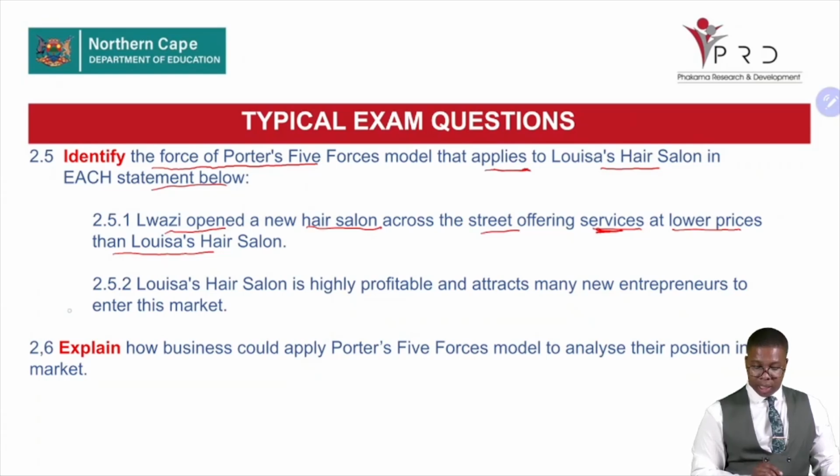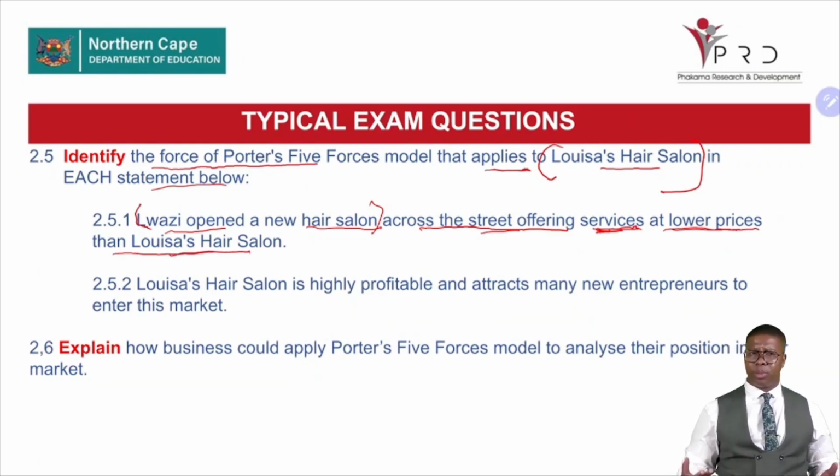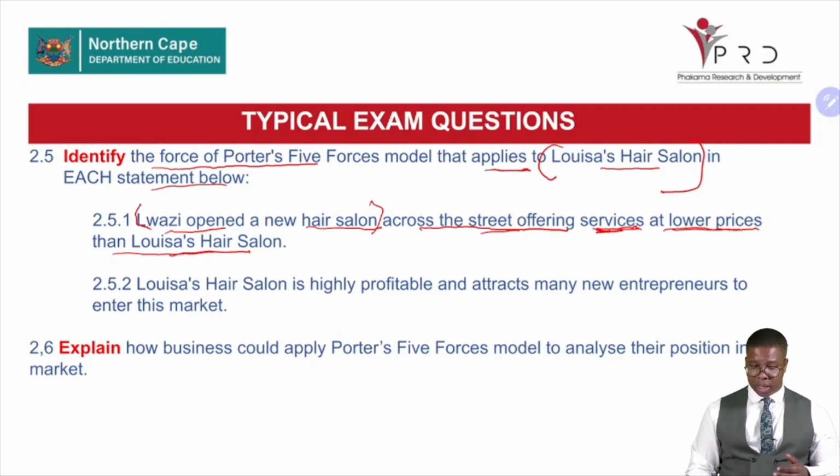And what do we say there? Loazi opened a new hair salon, and Louisa is operating a salon as well, and they are saying across the street offering services at a lower price than Louisa. So what do we see there? Are we seeing substitution? It cannot be substitution because these are similar services. So this should be the threat of what?